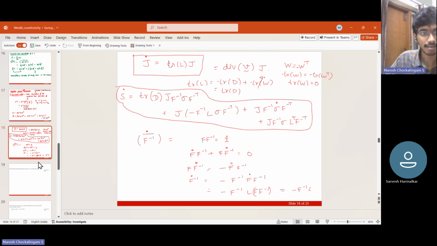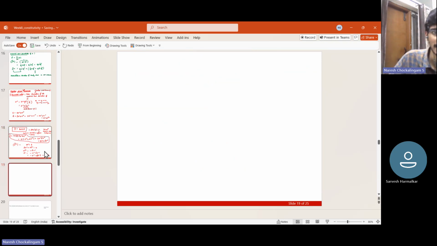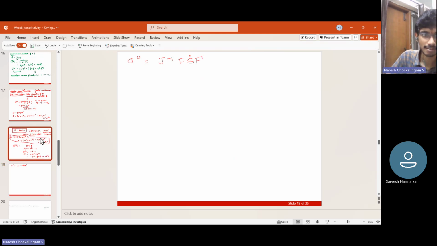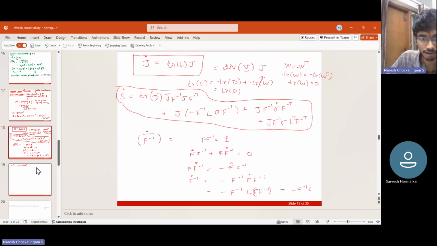But what is sigma? How do we define this Truesdell stress rate? It is a scaled version. It is a Piola transform of the push forward of the material time derivative of this tensor S. So let us proceed further. You are using F to push it forward. The first term, you multiply F and F transpose, these two will vanish.